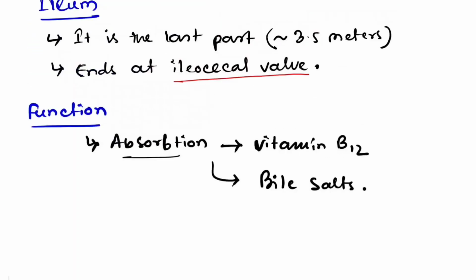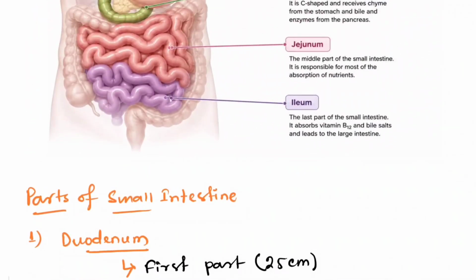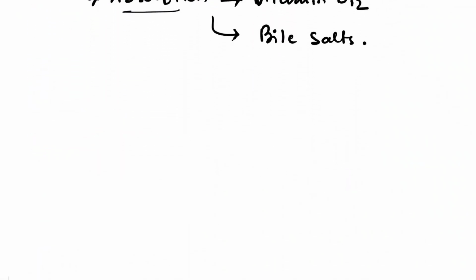Here I will show you in the picture: the ileum is this one. This last, ending part is called the ileum. Here also it is written: this is the last part of the intestine and it absorbs vitamin B12 and bile salts.